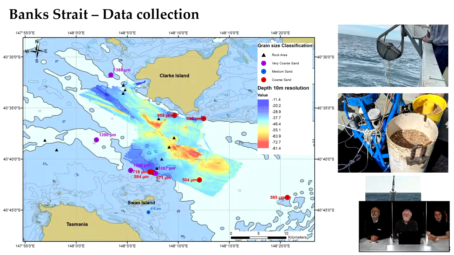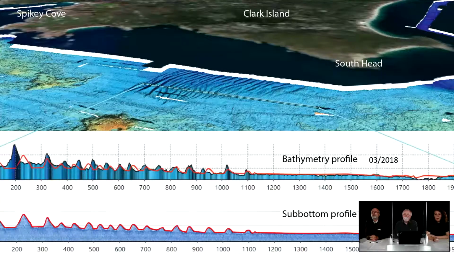With the sediment data, we were able to characterize a little more the area of Banks Strait and know what the seabed was like. It's coarser sand, which is a rocky area in the middle of the channel. Then, we were able to compare the sub-bottom profiler to the multi-beam. We did the multi-beam in March and the sub-bottom in December, so 9 months apart.